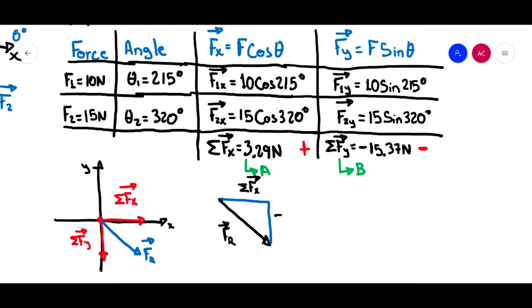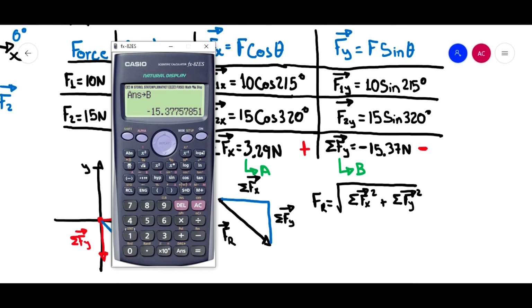Remember that in order to find the magnitude of the resultant force, it will be with Pythagoras. It will be the square root of the sum of Fx squared plus the sum of Fy squared.